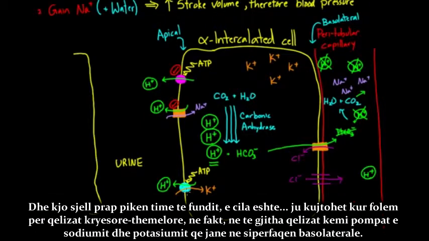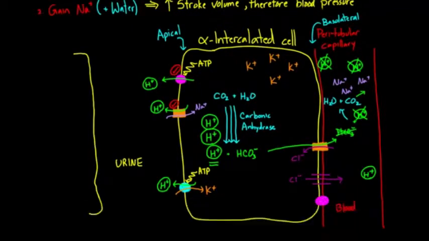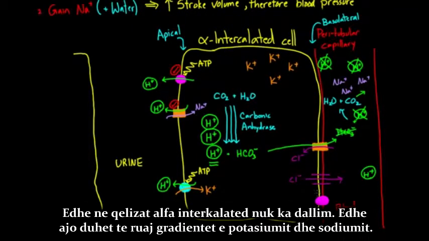And actually, that brings up my last point, which is that you remember we talked about in the principal cells, and in fact in all cells, we have these sodium-potassium pumps on the basolateral surface. Remember we talked about that? Well, in the alpha intercalated cell, it's no different. It also has to maintain this sodium-potassium gradient.